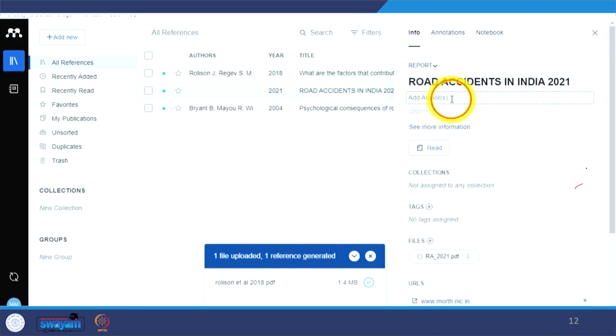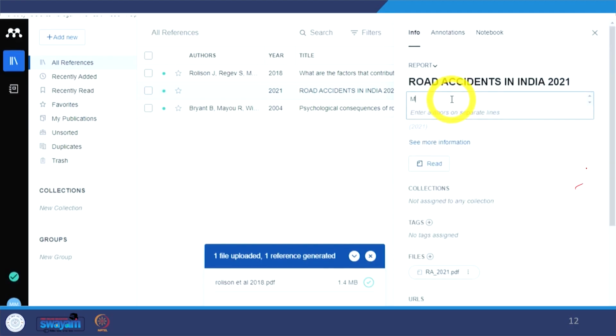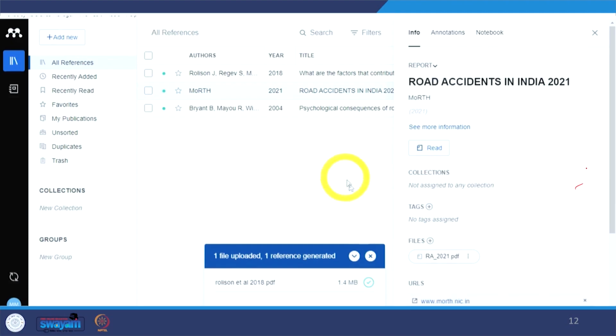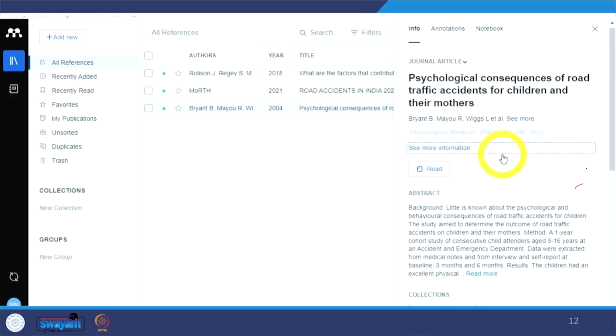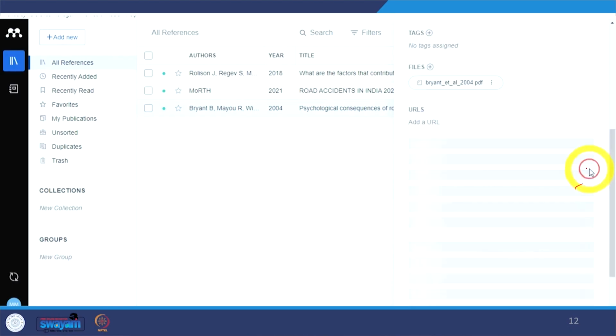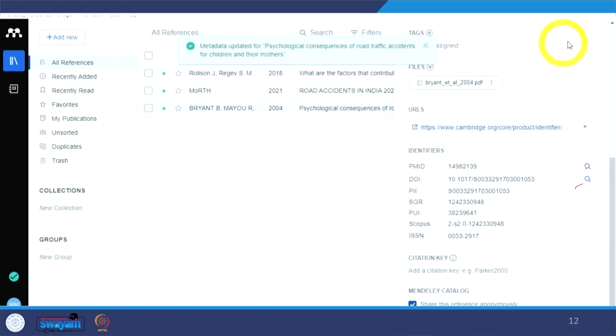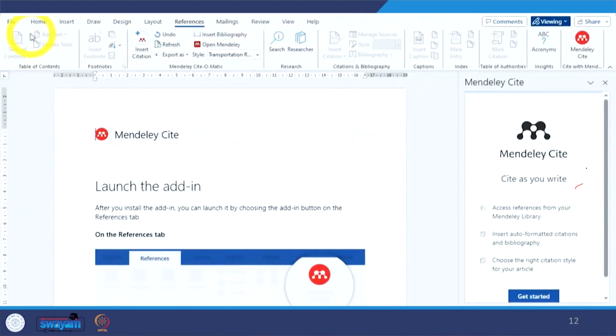Once you fill it, it is auto saved, then you have to give the particular short name as author. Normally for such kind of publication you give the organization as author, and for others, when a DOI is available, you can update the information. So, once it is done and you are satisfied, then it is all about citing.